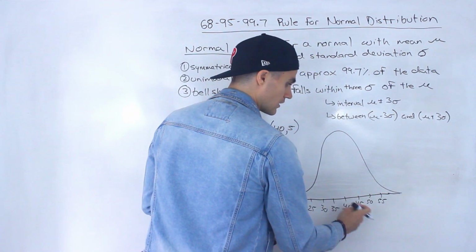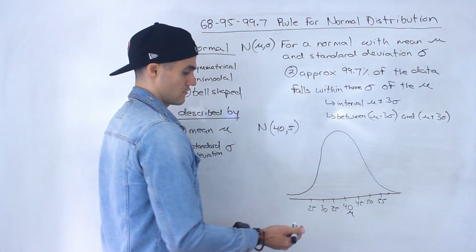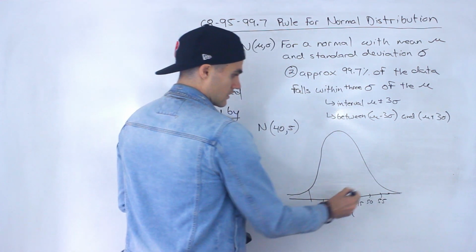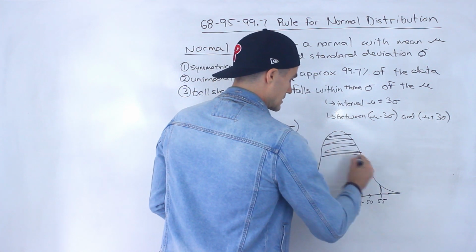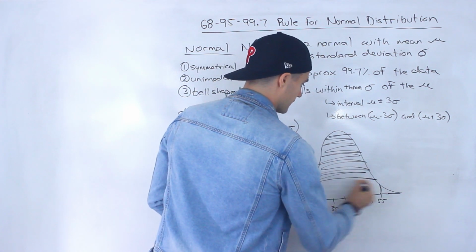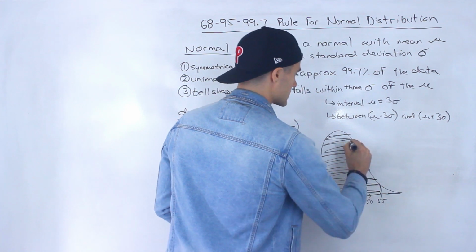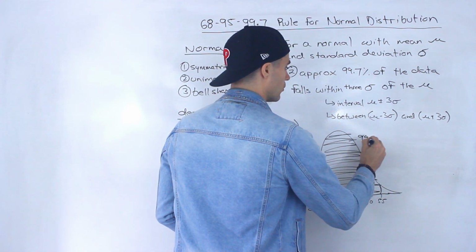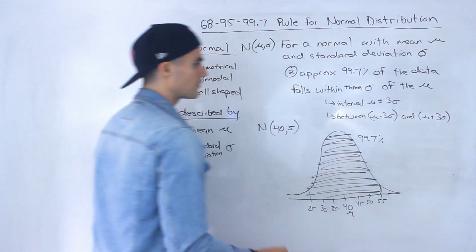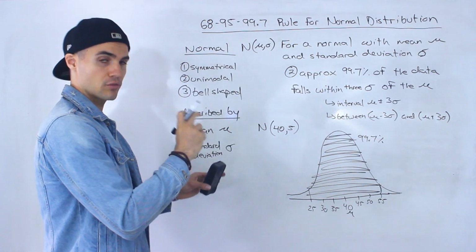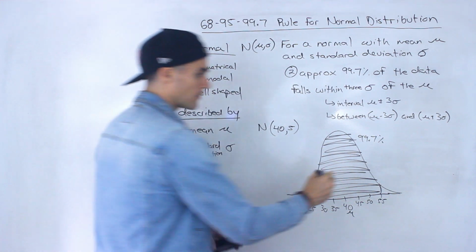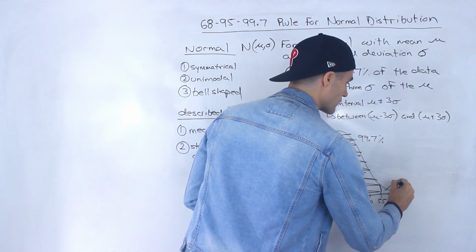Remember, this is the mean here, and to the right of that mean. Okay, so if we block these out, this whole area here is going to be 99.7%. And the percentage remaining is 0.3% divided by 2, so this would be 0.15%.